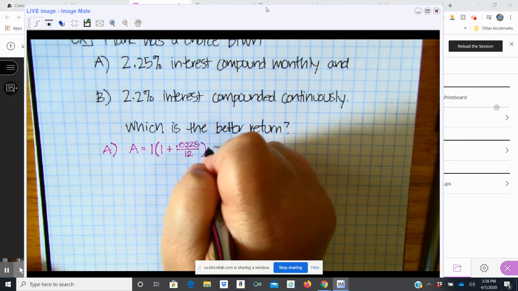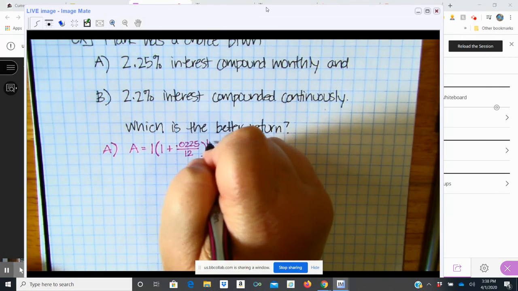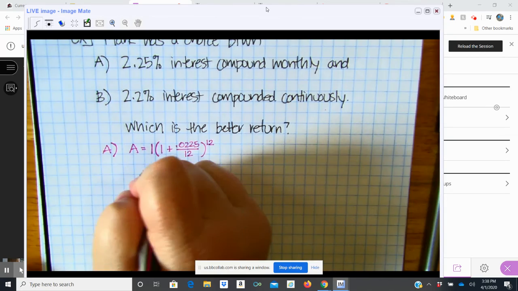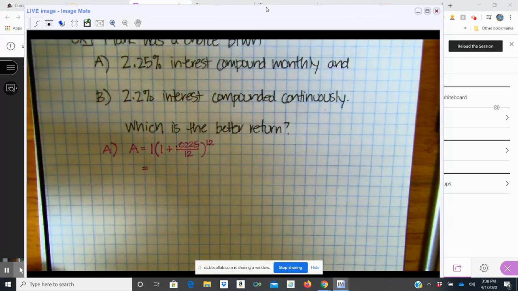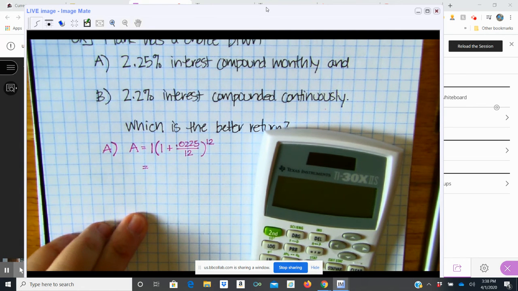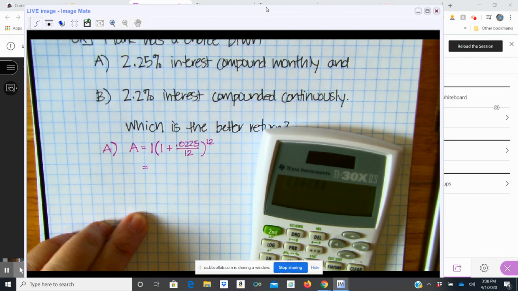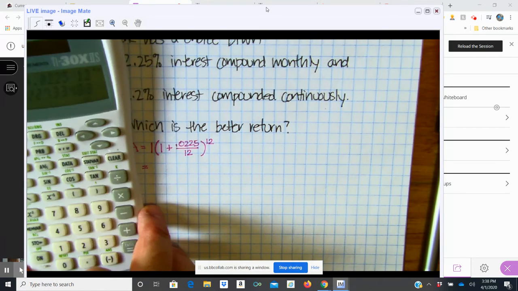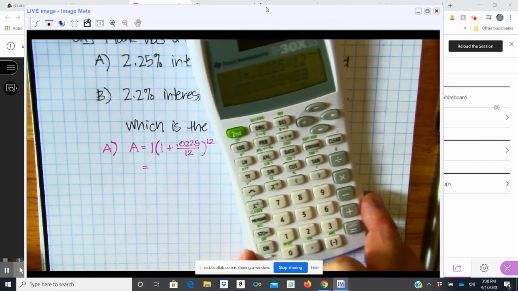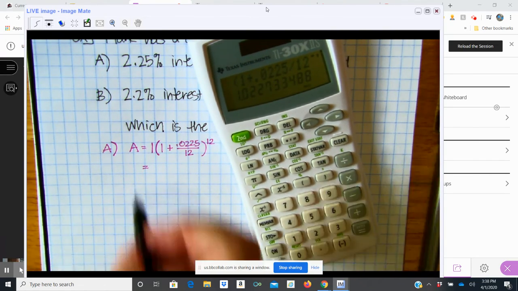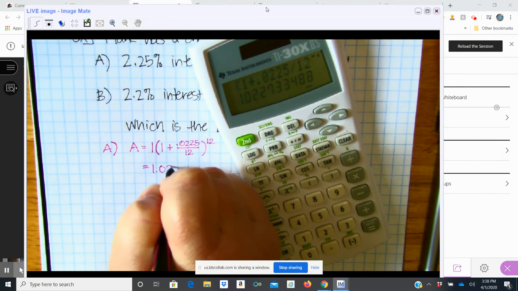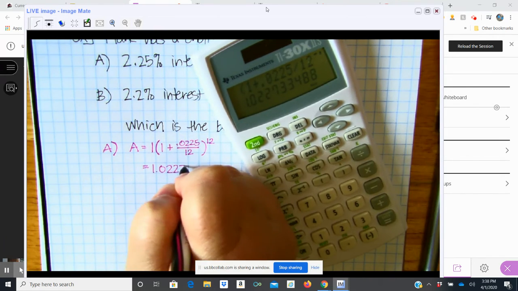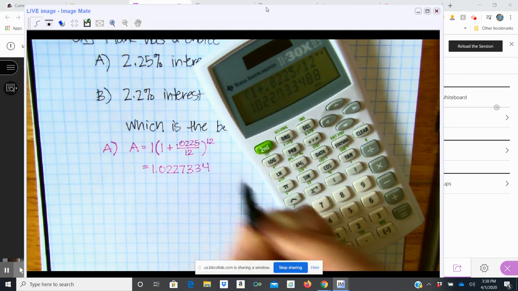And I'm going to take that to the 12 times 1, or 12th power. In my calculator, I take that to the 12th power. I don't know if you can see that. The glare is so bad right now. I get a 1.0227334, etc.